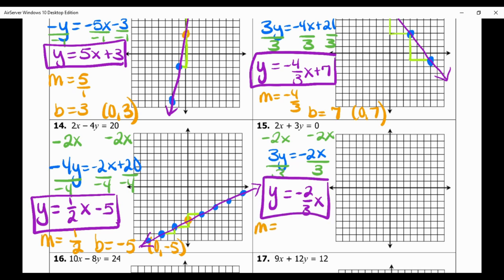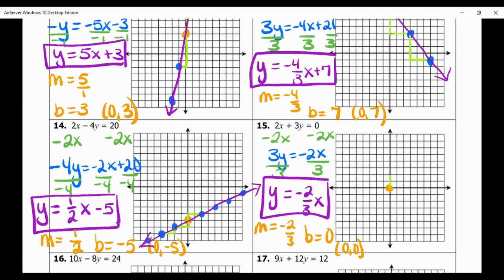Making the slope negative 2 over 3. And the y-intercept is at 0. So we're going to make our first point of the line on the origin, on the point 0, 0. From that point, we're going to graph a decreasing line with a slope of negative 2 over 3.